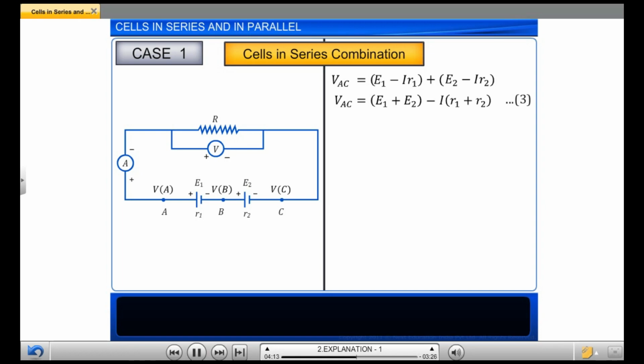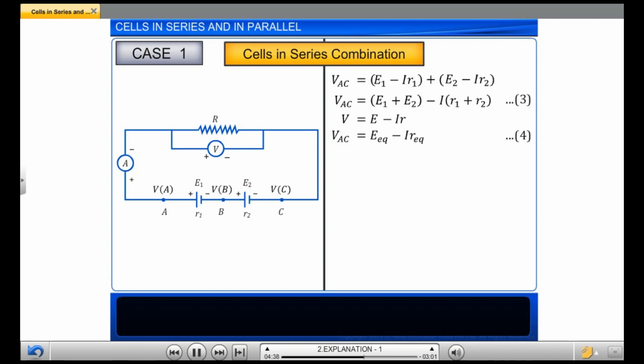Writing equation 3 in the form V is equal to E minus I into R, we get VAC is equal to EEQ minus I into REQ, where EEQ is the equivalent EMF and REQ is the equivalent internal resistance of the combination of the cells.